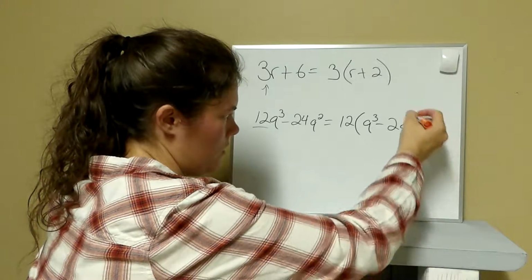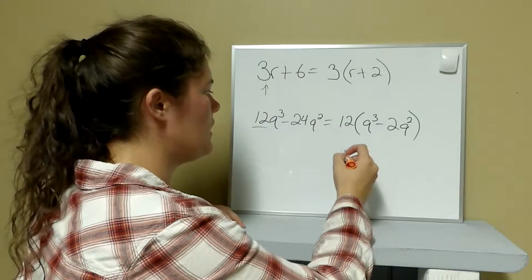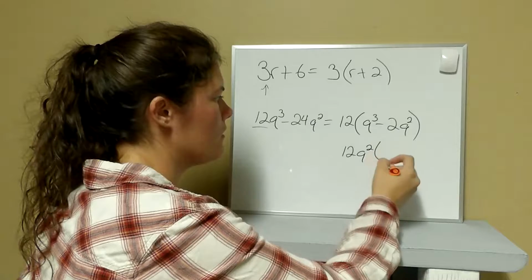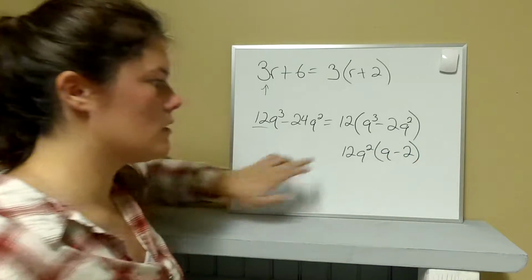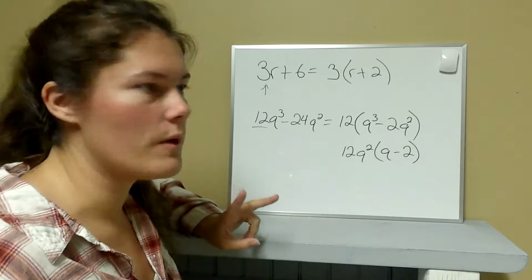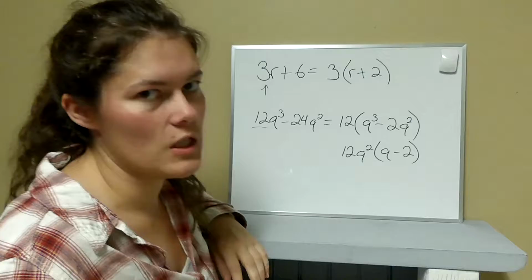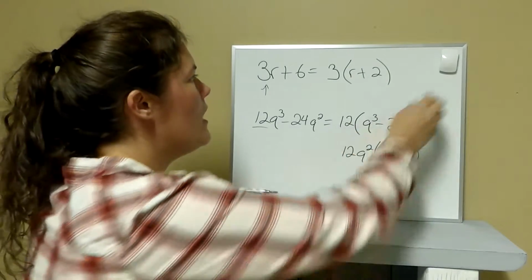You could do that. Or another way that you could write it would be 12q squared times q minus 2. This is another way of writing it. So there's 2 potential ways. You could leave the q's in there, or you could take some out. It's up to you. However you want to do it. Either one I would accept. So that's another way of doing it.